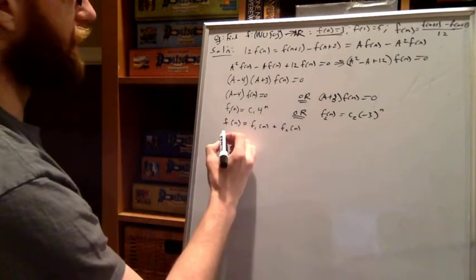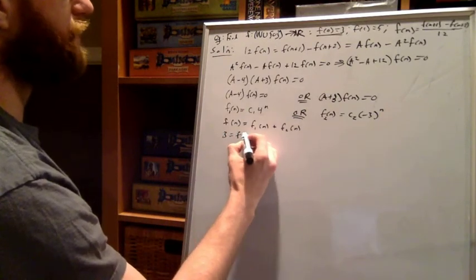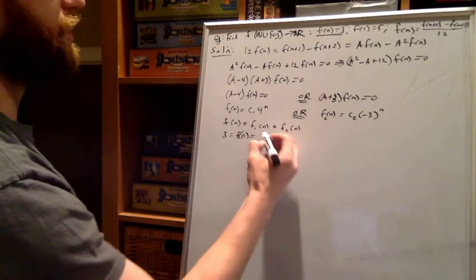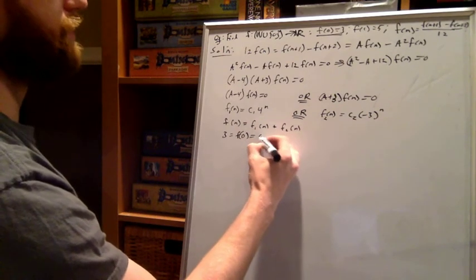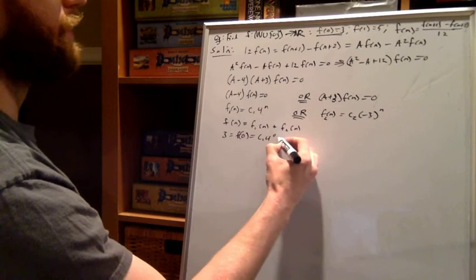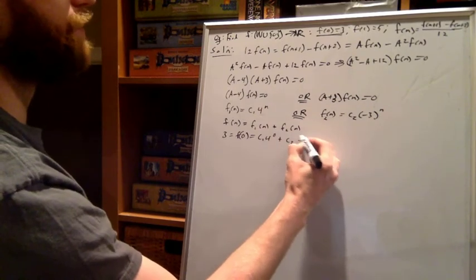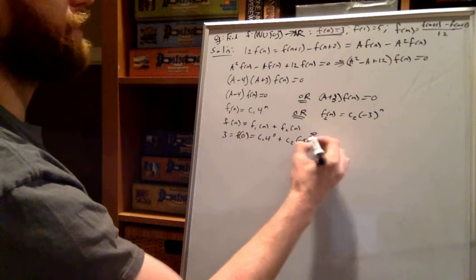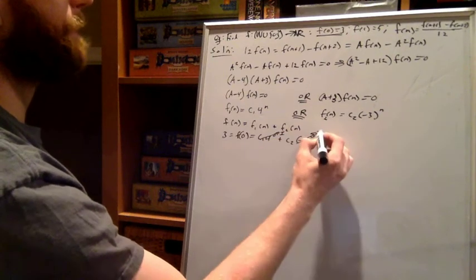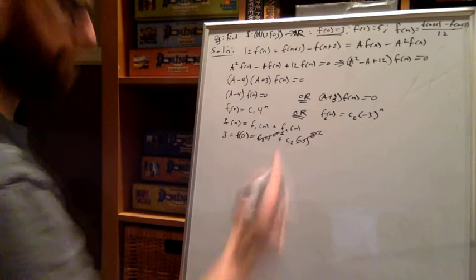So I'm going to set 3 equal to f of 0, which is f1 of 0, so this is c1 4 to the 0, plus f2 of 0, c2 negative 3 to the 0. So these things go away. The c1's still here.